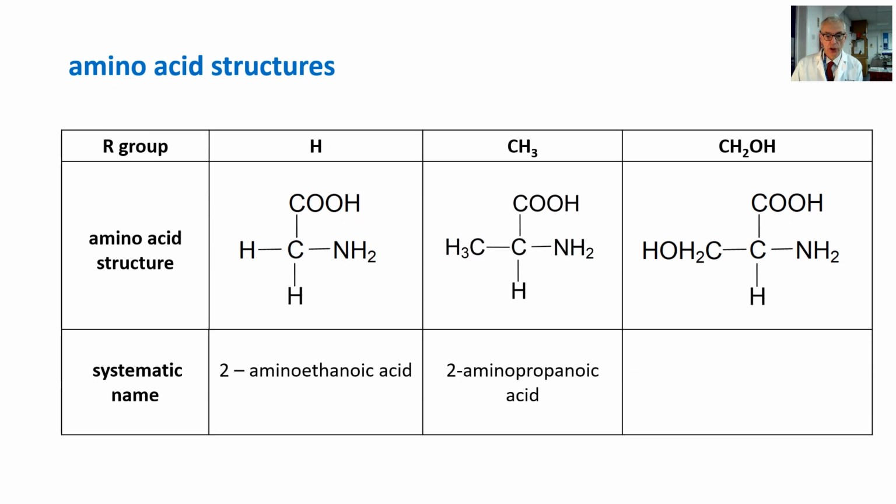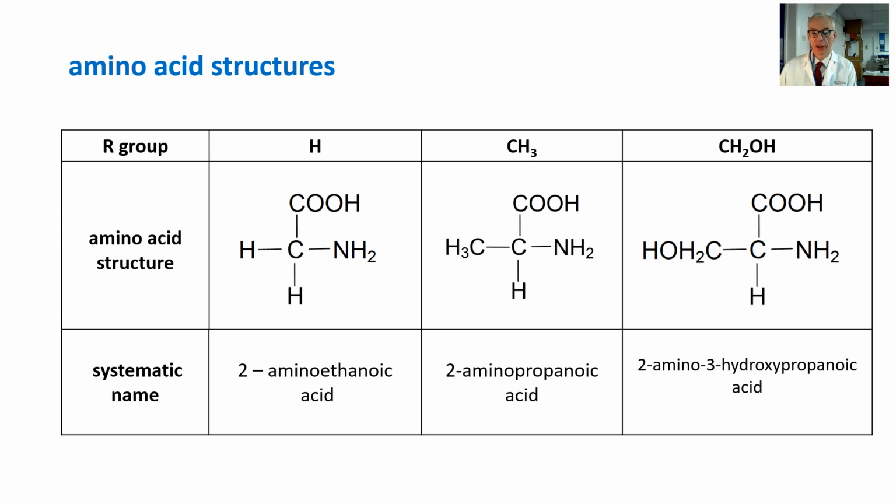If we now look at 2-aminopropanoic acid, I'm identifying the longest carbon chain with the carboxyl group at carbon number 1. So it's a 3-carbon chain, so that explains propanoic acid. And on the second carbon, of course, there is an amino group.